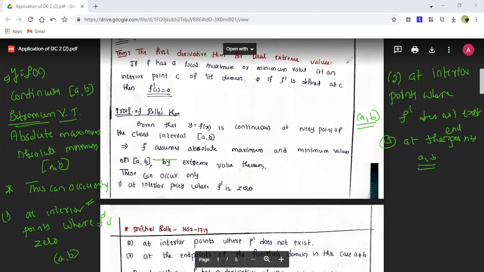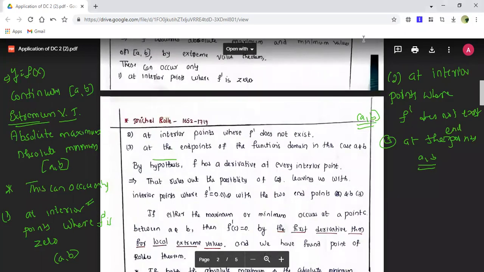With the help of our hypothesis, that is the given data of the theorem, it says that f is continuous in the closed interval AB, and f is differentiable in the open interval AB.